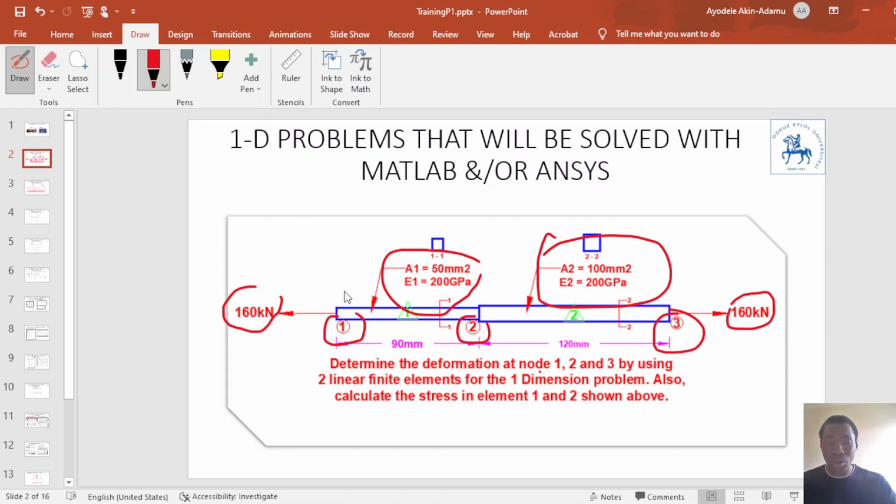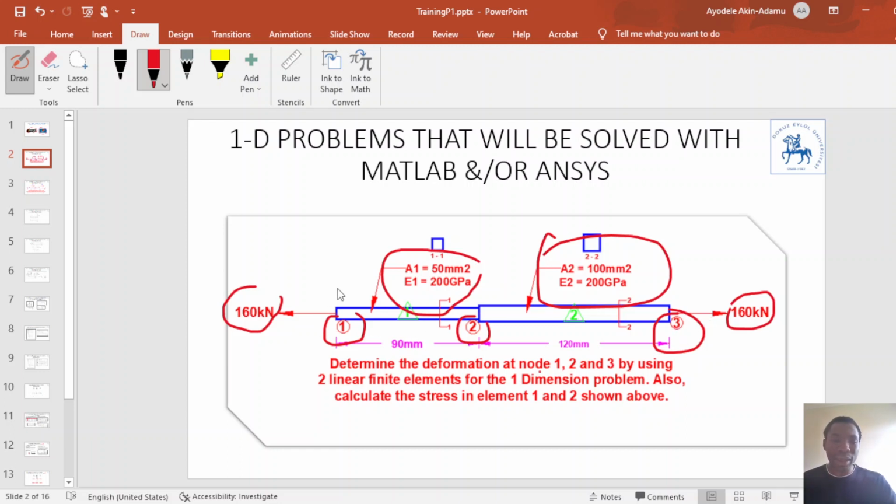But I'm going to give a quick overview of what I mean by equivalent structure with support. Either you put a support at node 1 that will restrain movement, or you put a support at node 3 that will restrain movement and apply the 160 kilonewton load at the end of the member.